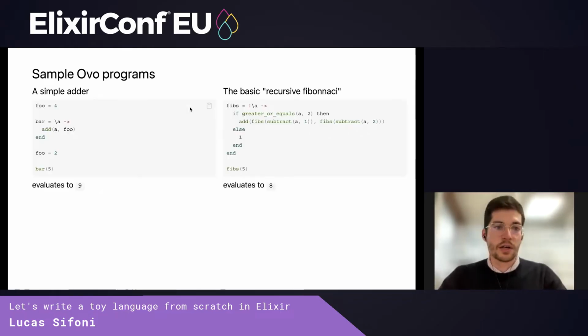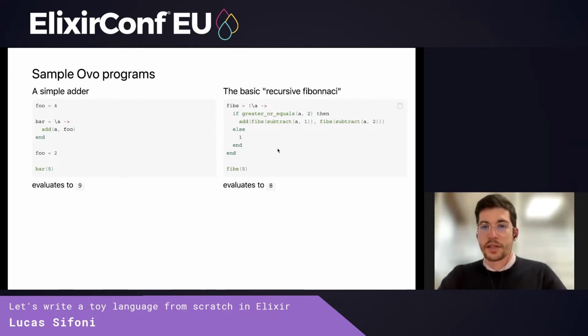So here are two samples of OVO programs. You can see that the syntax is a bit Elixir-like, but not totally. On the left, there's a simple header that we can see here that bar is a function that takes one argument, captures the value of foo, and when executed, evaluates to 9.